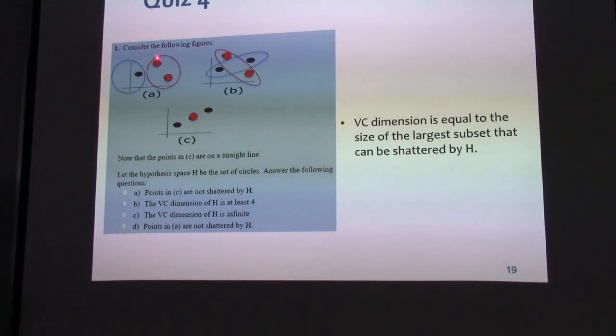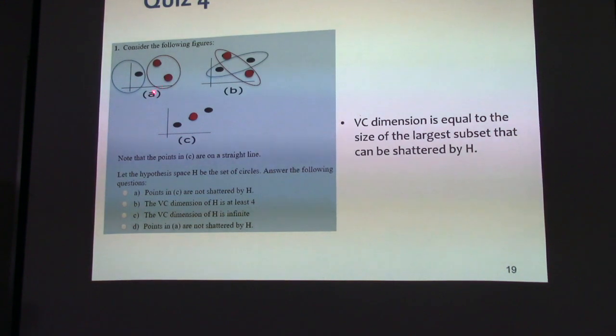For example, you can assume those two are red and this is black. You still can use two circles to separate the classes. So it means that the points in figure A can be shattered by H.